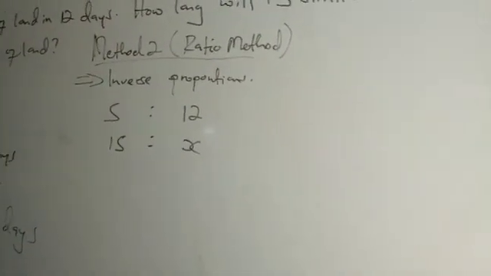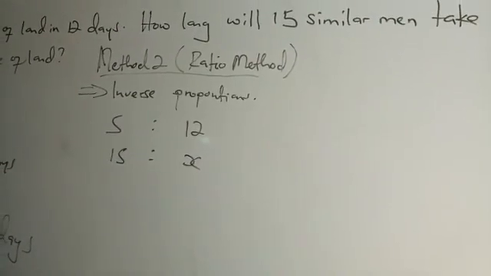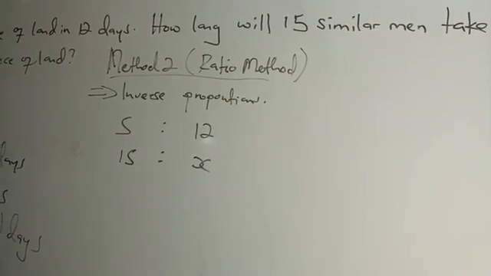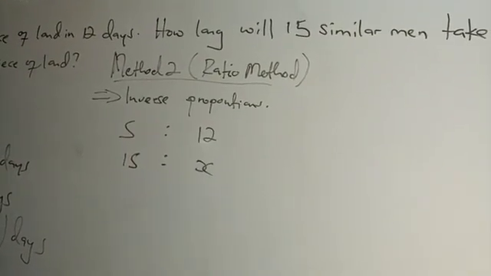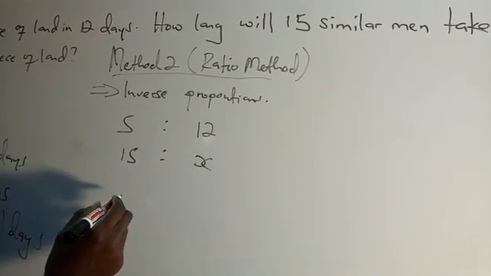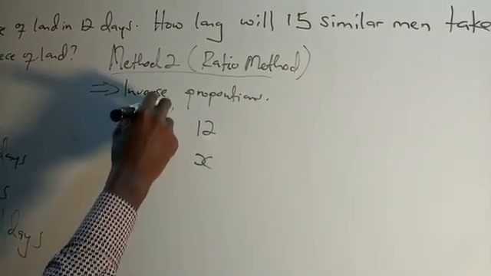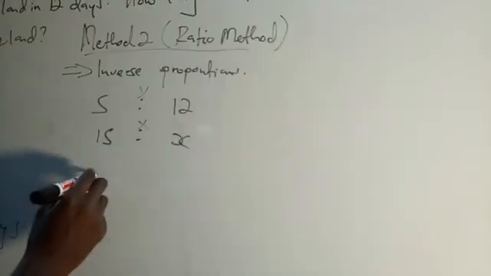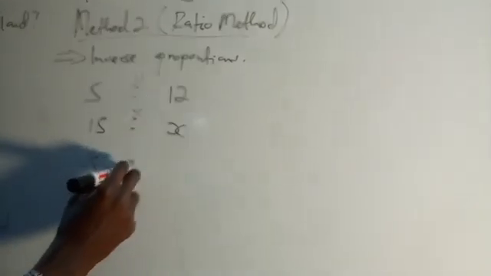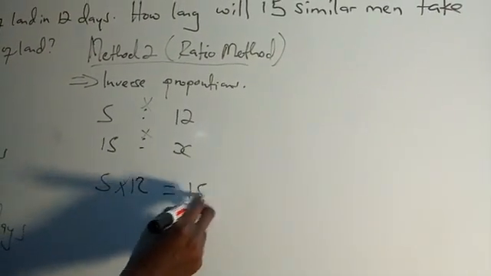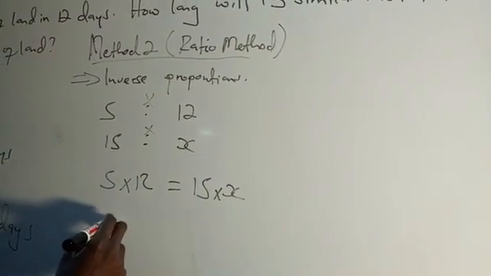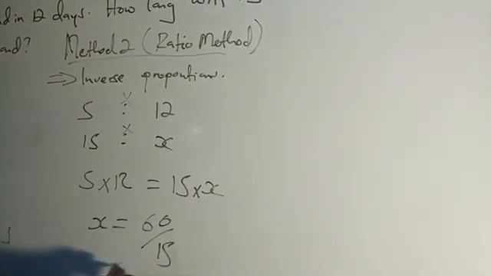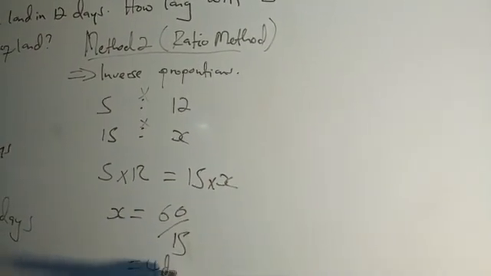By finding the value of X, today we are not going to cross multiply. We multiply here and here and equate them, meaning 5 times 12 equals 15 times X, getting X equal to 60 over 15, getting 4 days.